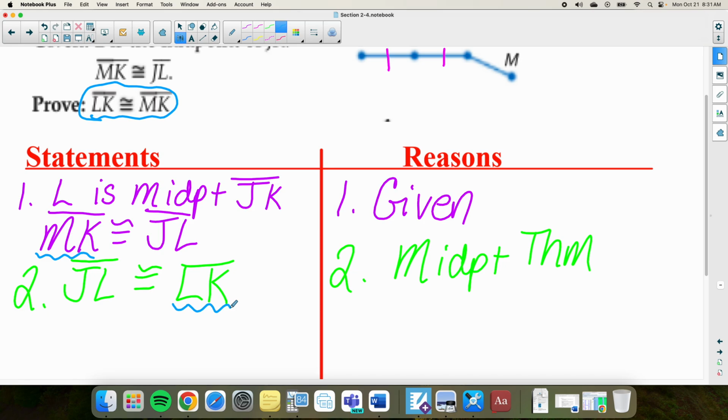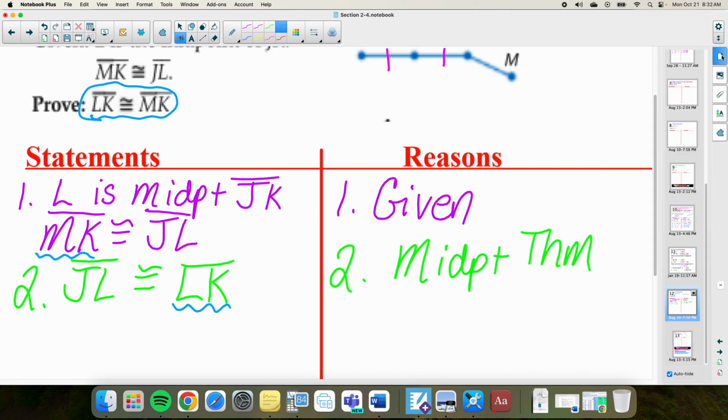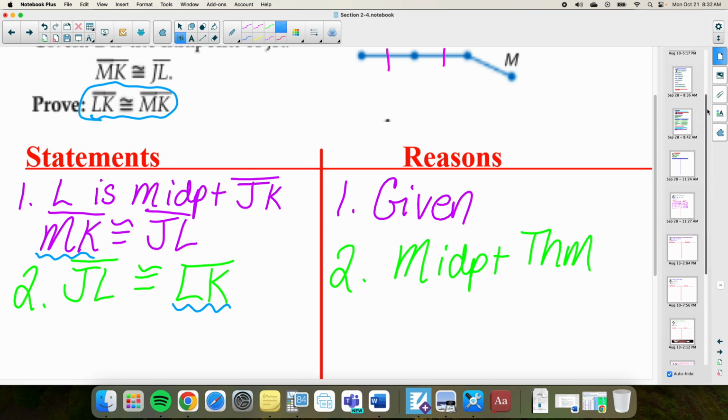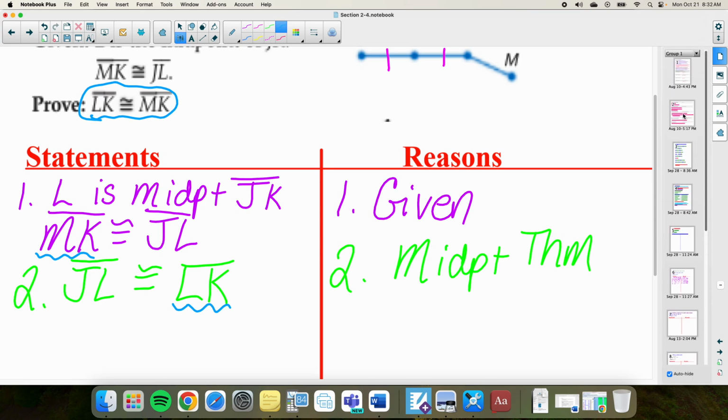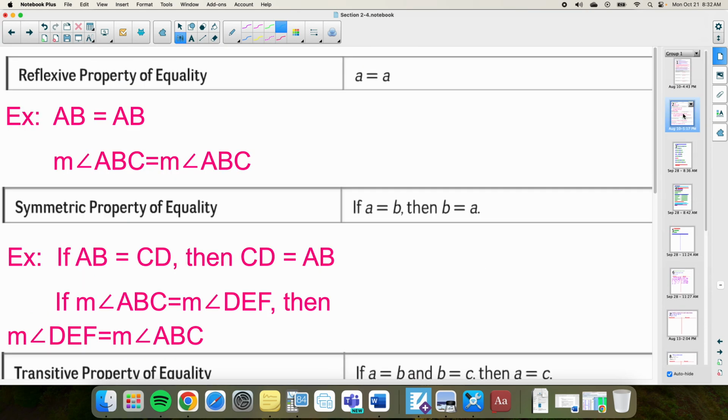Syllogism was when it was with sentences, yes. Do you guys remember when we learned the transitive property? Maybe I should go back and review those because I know it's been a second. But do you remember how the reflexive property was if something equals itself?